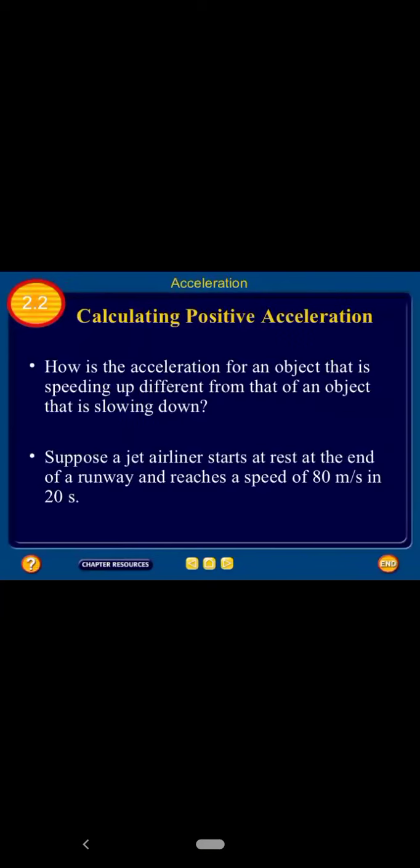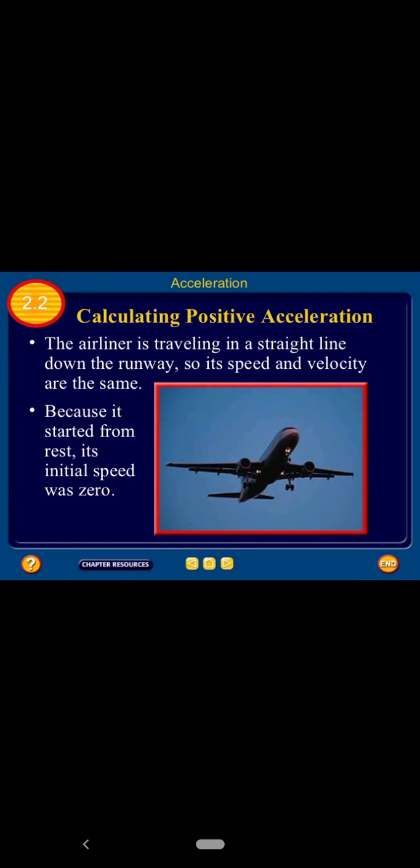How is the acceleration for an object that is speeding up different from that of an object which is slowing down? Suppose a jet airliner starts at rest at the end of a runway and reaches a speed of 80 meters per second in 20 seconds. The airliner is traveling in a straight line down the runway, so its speed and velocity are the same.